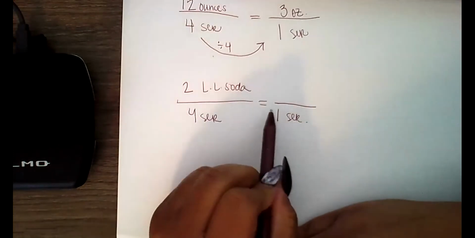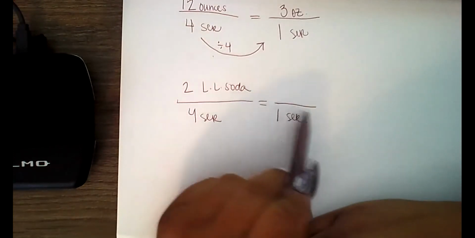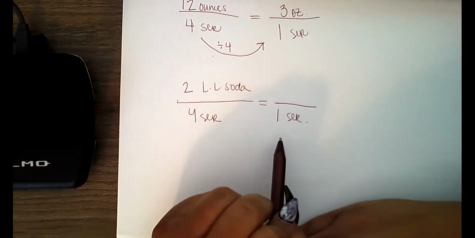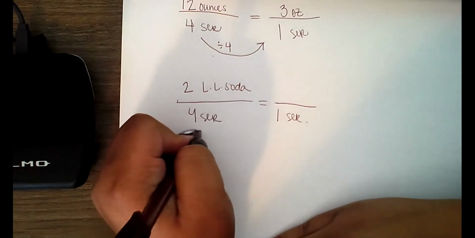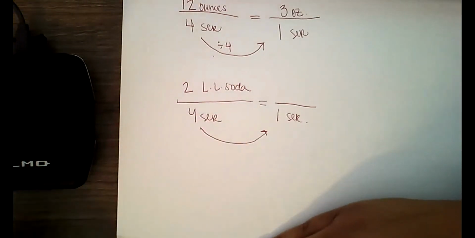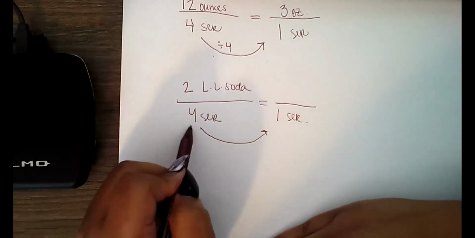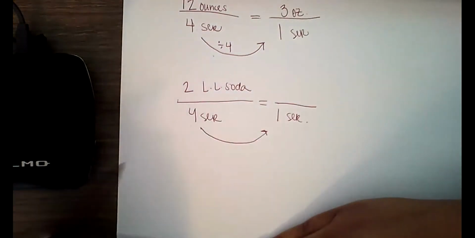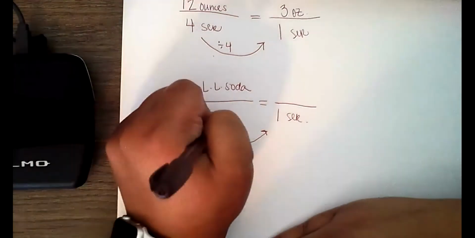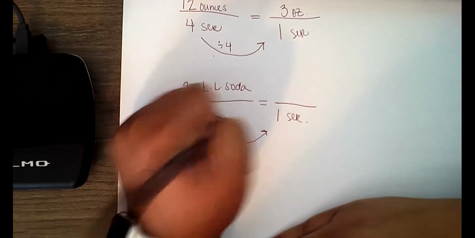Well, let's remember, I'm creating a denominator of 1. So I must be creating a what? A unit rate. And I have to divide by the denominator. Or if I recognize that the only way to get from 4 to 1, or one of the ways to get from 4 to 1 using multiplication or division, is to divide by 4.